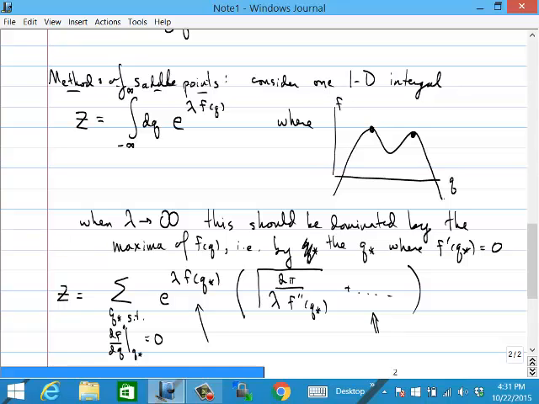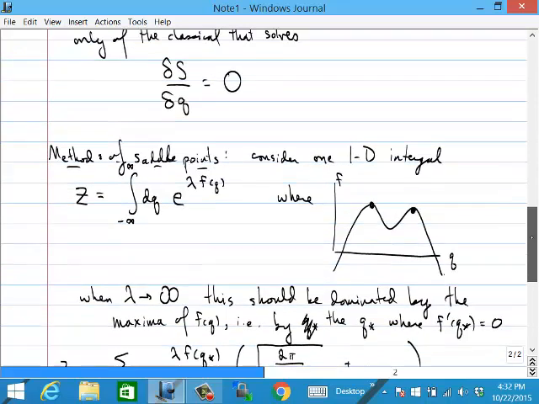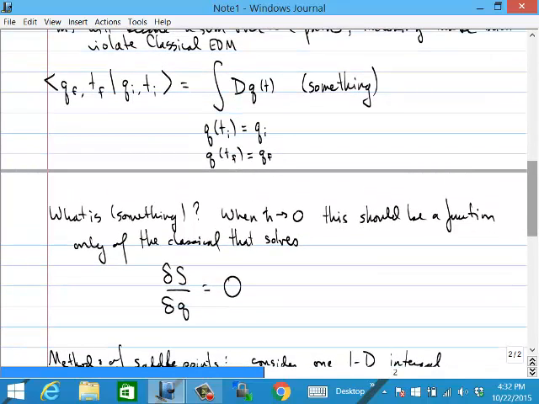So what I want you to do is compare what we know about the path integral to what we've just learned about the method of saddle points. For a path integral, we're integrating something dq, and it has to have the property that when a certain parameter h bar becomes very small, the integral is dominated by those values of q for which ds by dq is equal to 0.